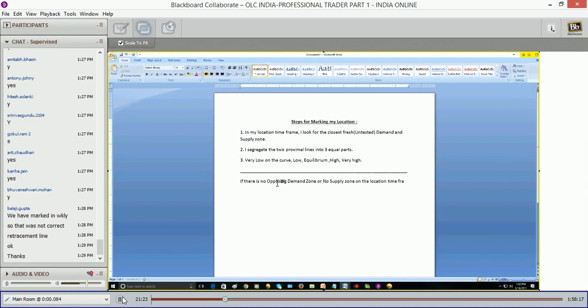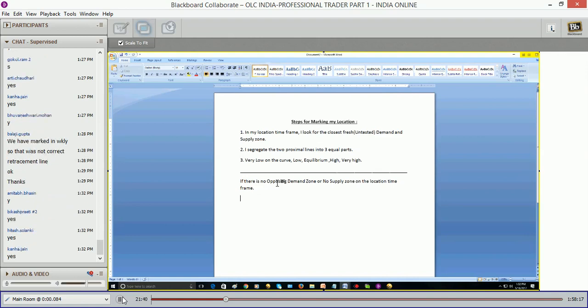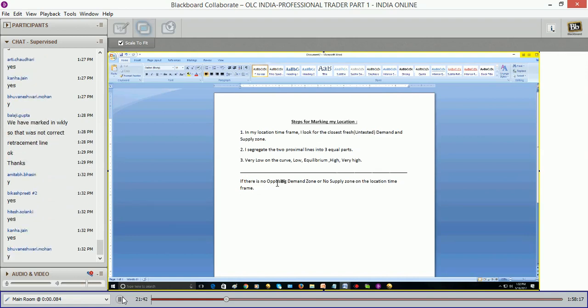if there is no opposing demand zone or no opposing supply zone on the location time frame, would you all agree with me that you will not be able to mark your curve? Yes.